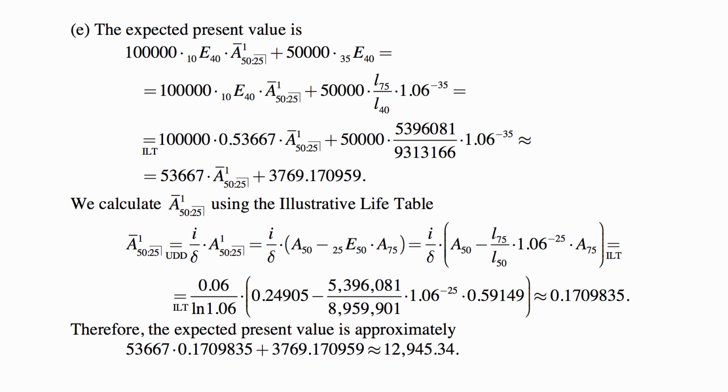Now, the expected present value of the benefit under this policy is basically 100,000 for a deferred term life insurance, fully continuous, issued at age 40, deferred by 10 years, and then good for 25 years after that, plus a 50,000 one-time endowment benefit for survival to age 75.